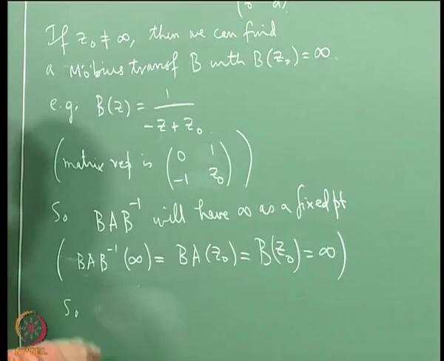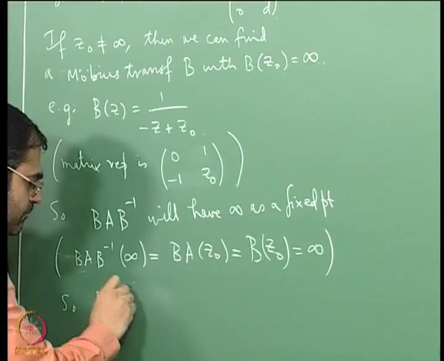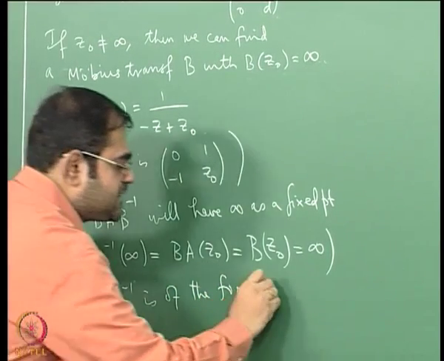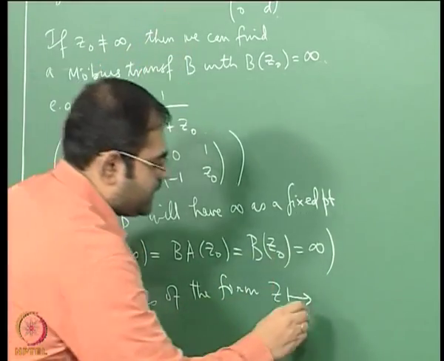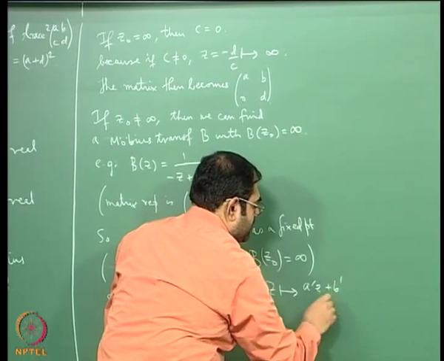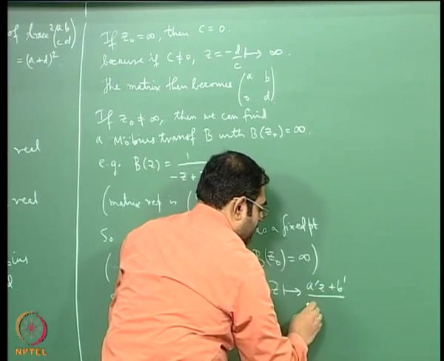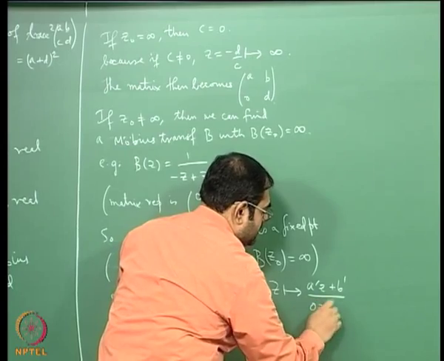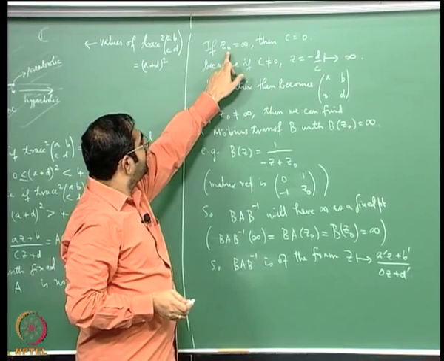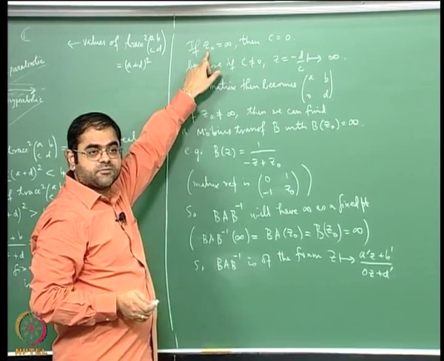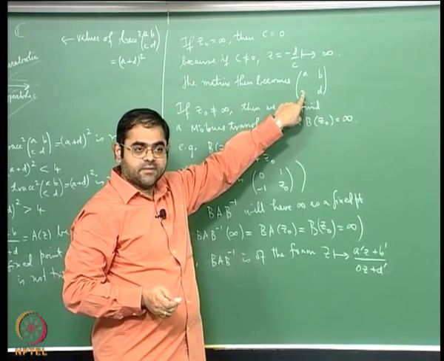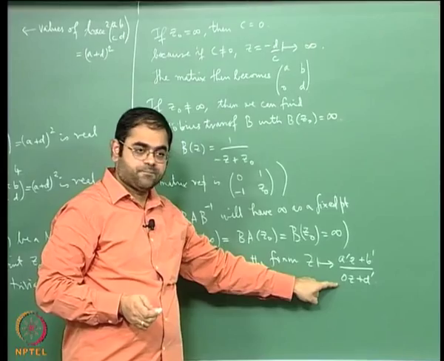So B A B inverse is of the form z going to A prime z plus B prime by 0 z plus D prime, because I have already told you that for a Moebius transformation, if infinity is a fixed point, then this entry has to vanish, so it will look like this.